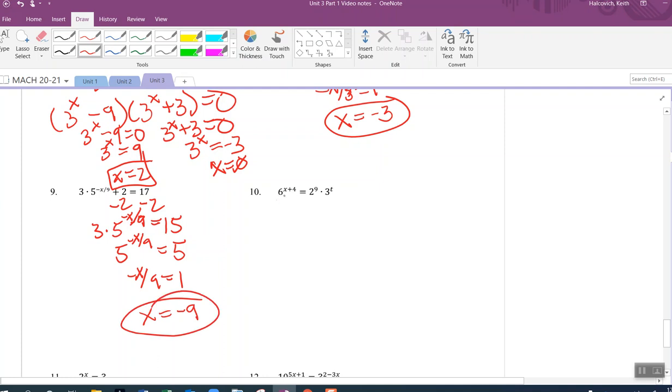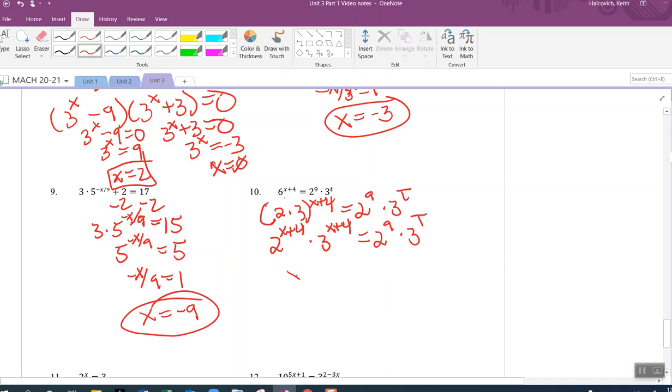Number 10, in order to get 2 times 3, we'll split up 6 into 2 times 3. And then we get 2 to the x plus 4 times 3 to the x plus 4 equals 2 to the 9th times 3 to the t.